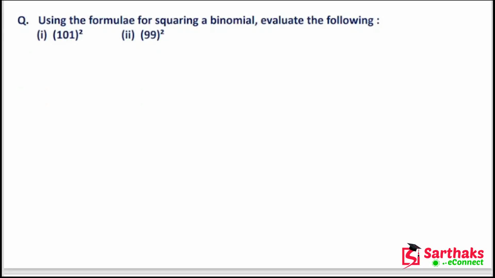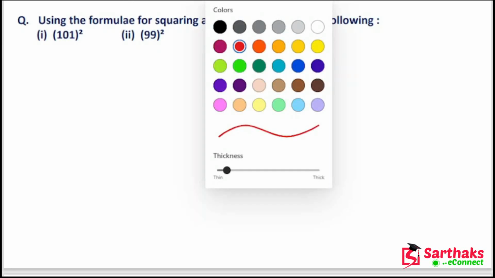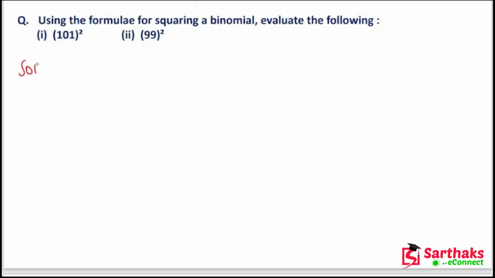Now see, I told you that we have some numerical applications also. Now to calculate these type of numbers, these identities which we have studied would be very useful. So let us talk about first 101 square. Now with actual multiplication it would be very hard, but I can write it as 100 plus 1 whole square. So now it has become a plus b whole square.